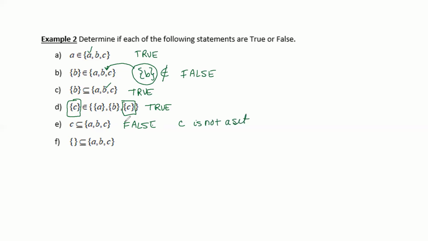Because C is not a set, it can't be a subset. Now the empty set is a subset of {A, B, C}. That's true. The empty set, which is also written like a circle with a line through it, is a subset of every set.